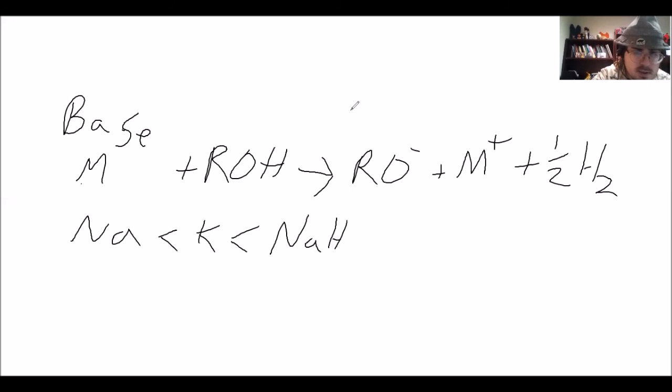But this is in a special THF solvent. THF, if you don't remember, is tetrahydrofuran, a common solvent with a 5-membered ether ring.